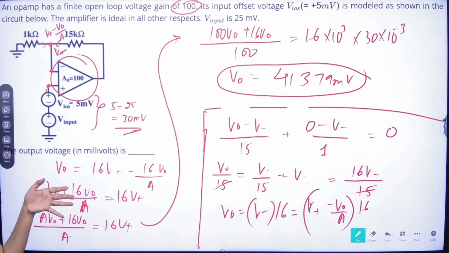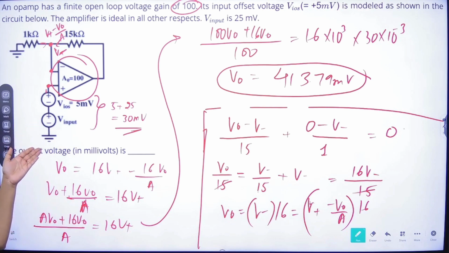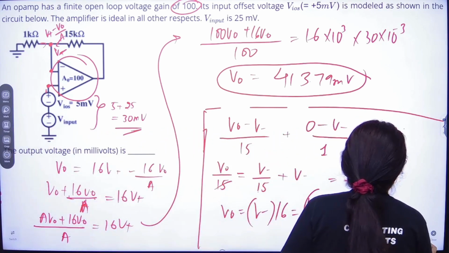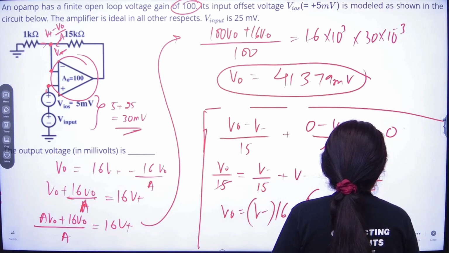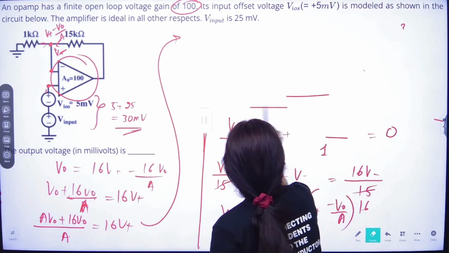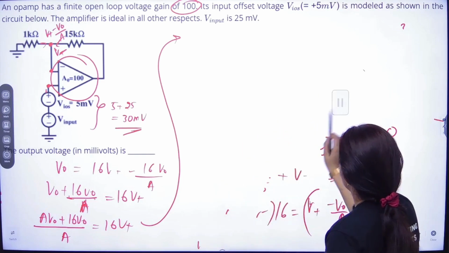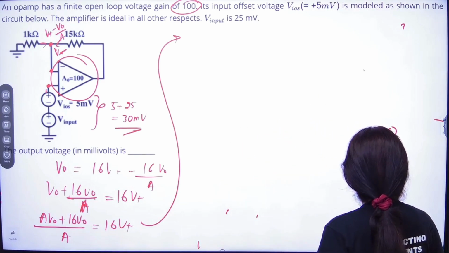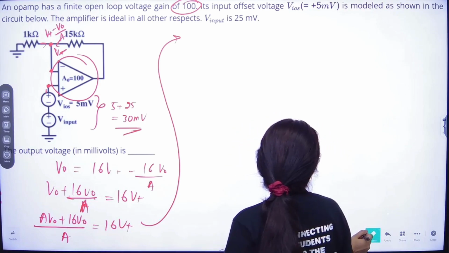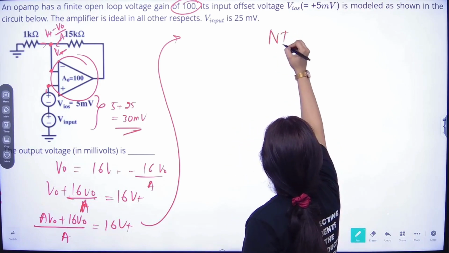But to avoid all this confusion, if we know the direct result for cases like this, which was a non-inverting amplifier. This is the case of a non-inverting amplifier.